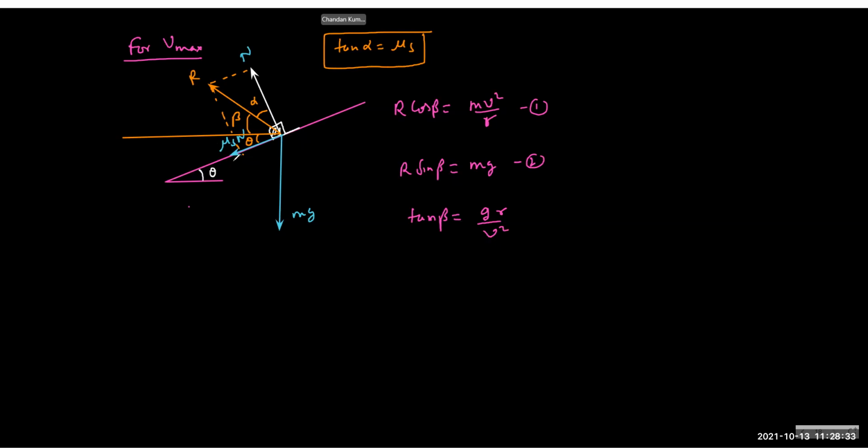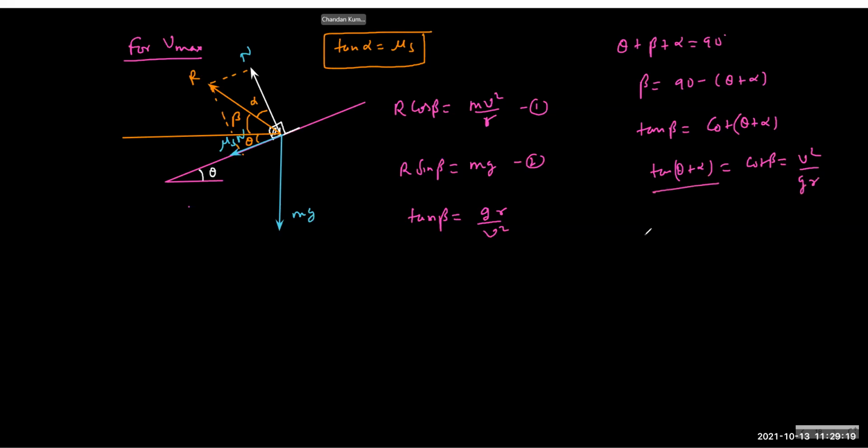Now what is the relation between theta, beta and alpha? Theta plus beta plus alpha is 90 degrees, right? Therefore beta is 90 minus (theta plus alpha). So tan beta becomes cot (theta plus alpha), so tan (theta plus alpha) becomes cot beta.